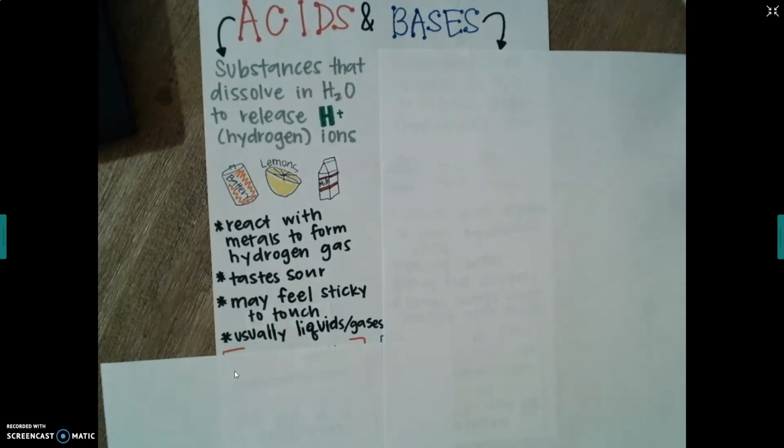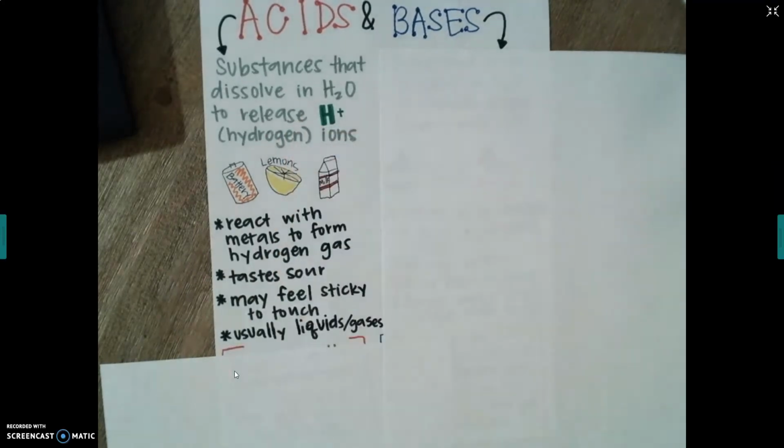So we use a pH scale, and we'll talk more about that in the coming days, but we use a pH scale in order to determine if something is acidic or basic, but also to determine how acidic or how basic it is. So if I'm dissolving an acid into water and it's releasing that hydrogen, it has an impact on the pH level of that solution.